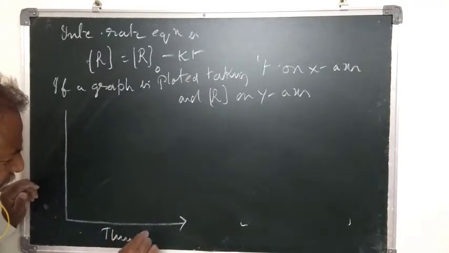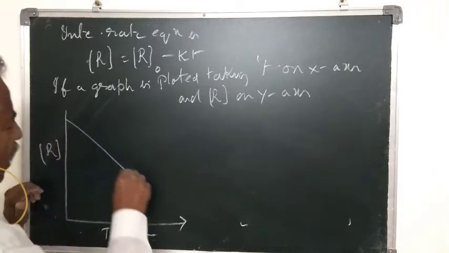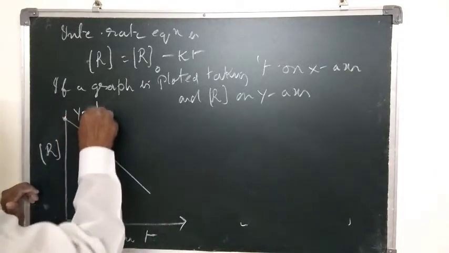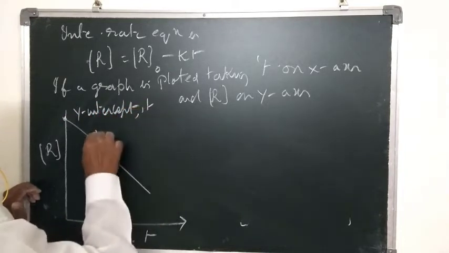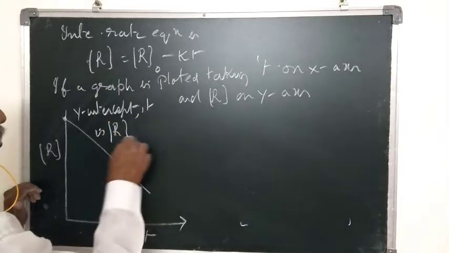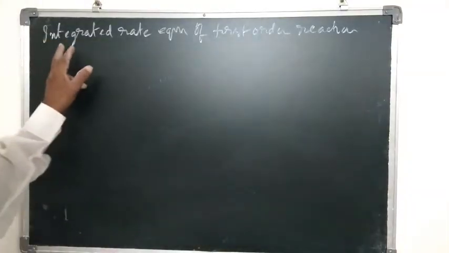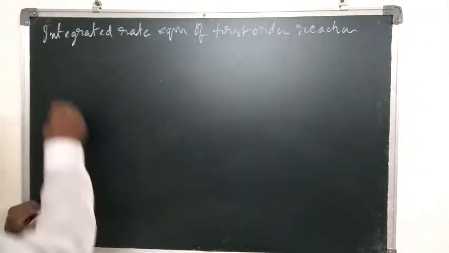This is time t, this is concentration. This is the y-intercept, and of course it is R0, the initial concentration. Now let us derive the integrated rate equation for the first order reaction.